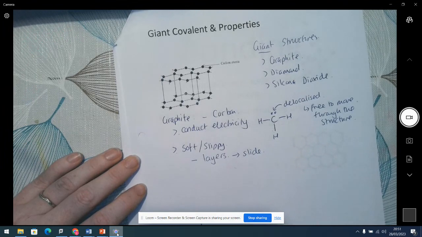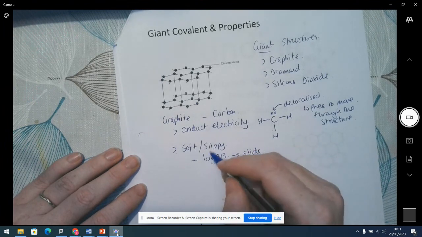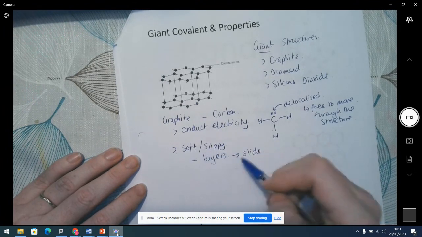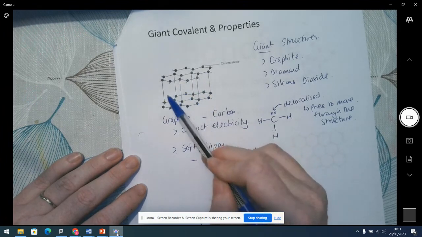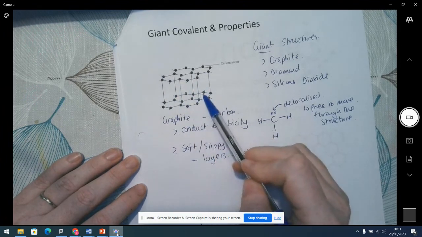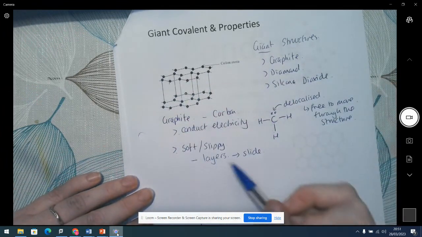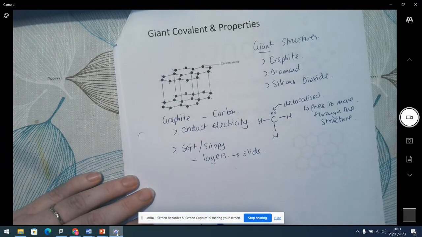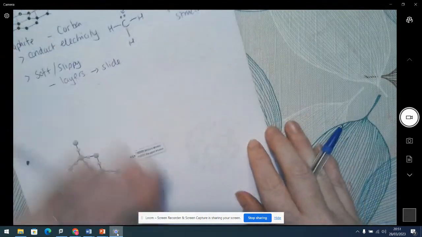And if layers can slide, that means they are usually soft and slippy. So it's important you're able to explain why graphite is soft and slippy. It's soft and slippy because the structure is arranged in layers. There's a weak intermolecular attraction between each layer. And as a result, those layers can slide, which makes graphite soft and slippy.